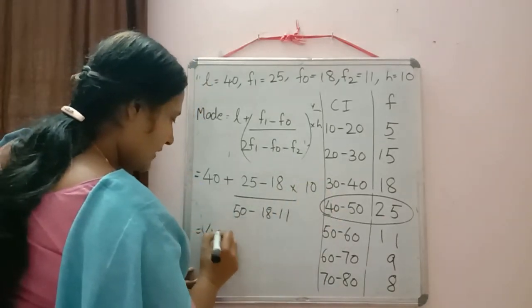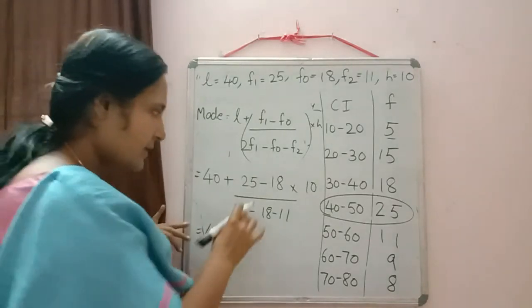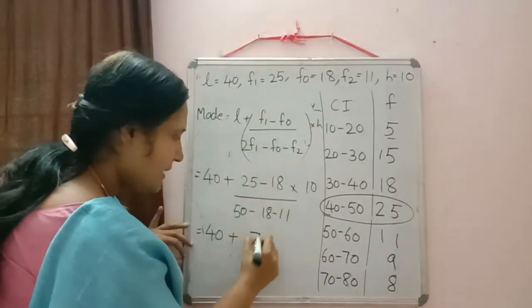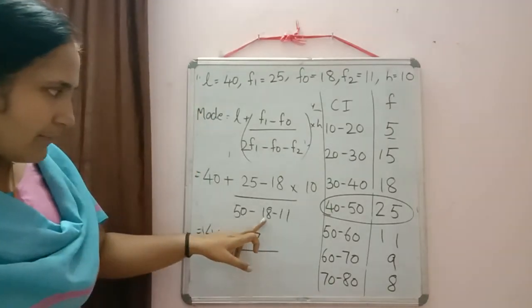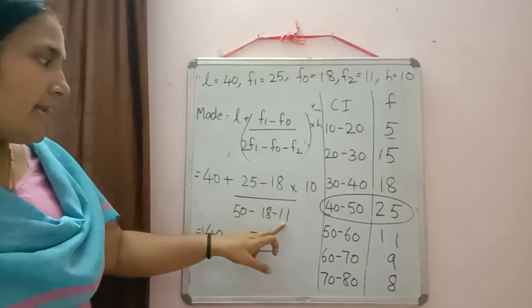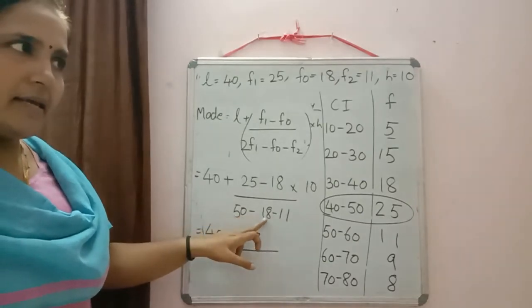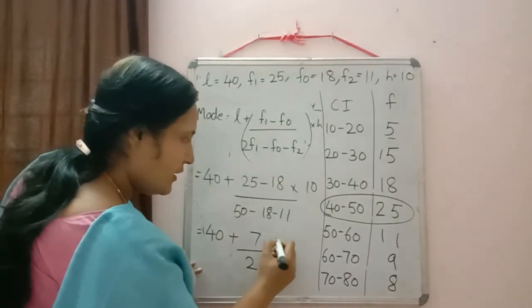So 25 minus 18 is 7, and the denominator is 50 minus 18 minus 11, which is minus 29, and 50 minus 29 is 21, into 10.